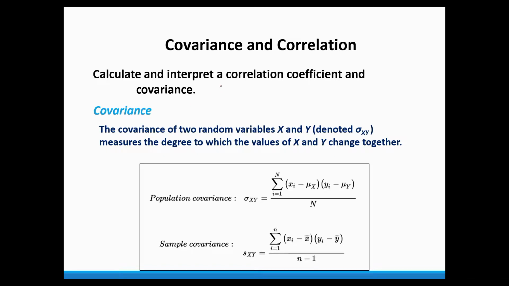So in a scatter plot, when we have a relationship between two variables x and y, and we have a scatter of points like this, can we say that there is a positive relationship between x and y, or a negative relationship, or there is no relationship at all?